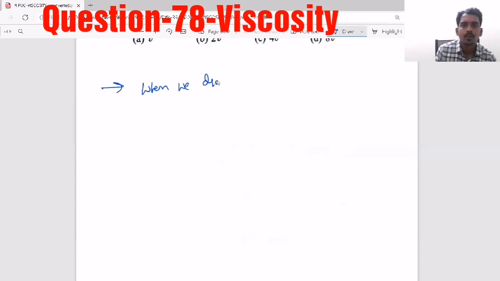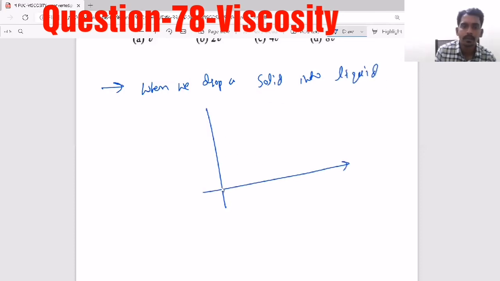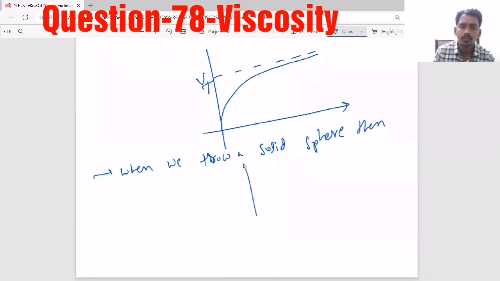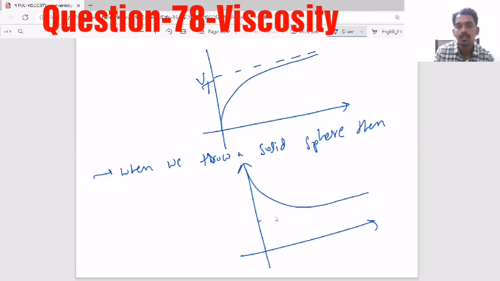When we drop a solid into a liquid, the speed keeps on increasing and becomes constant, and that constant velocity is called terminal velocity. Or when we throw a solid sphere with a speed greater than the terminal velocity, then it keeps on decreasing and becomes constant, and that is called terminal velocity.